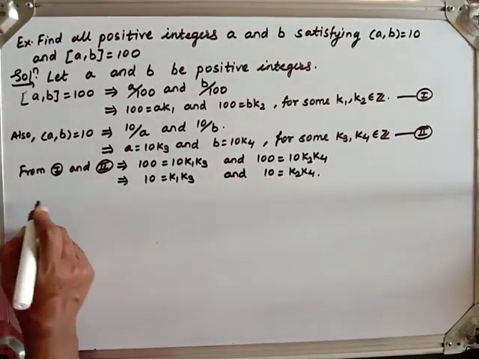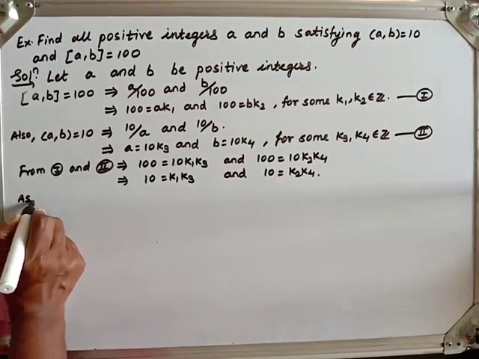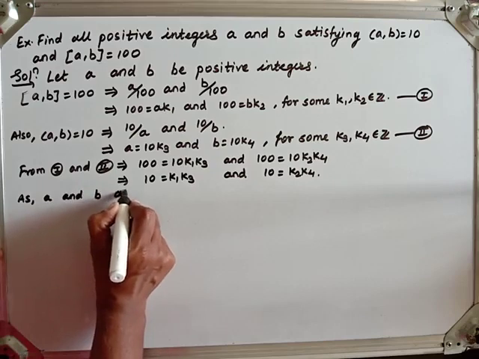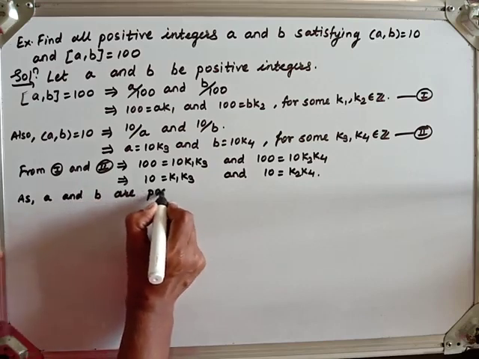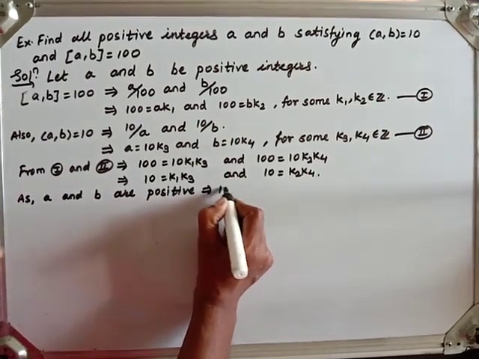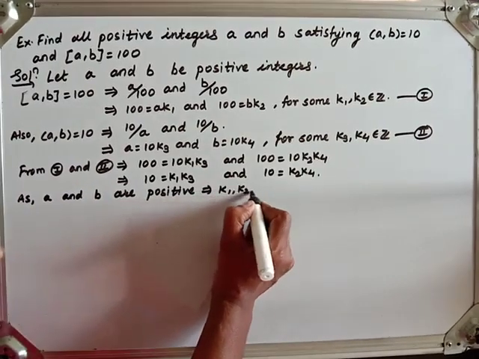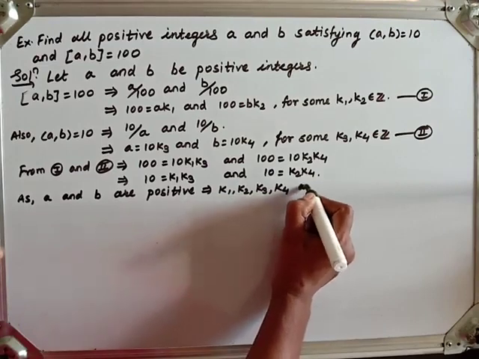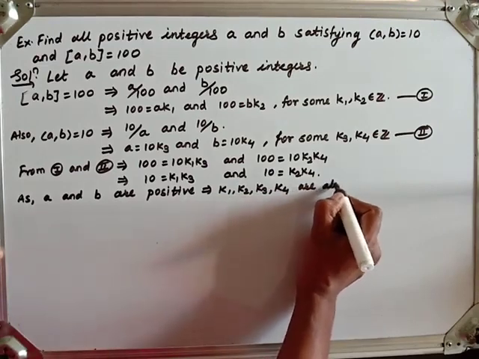Now, as A and B are positive, this gives K1, K2, K3, K4 are also positive.